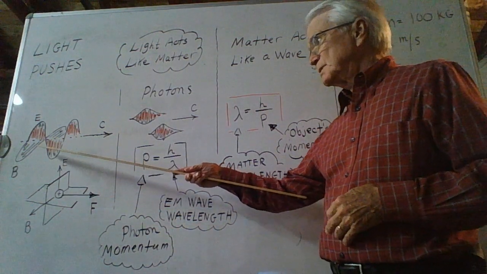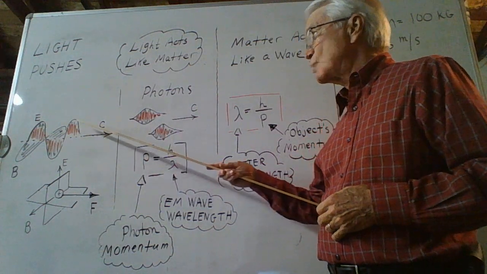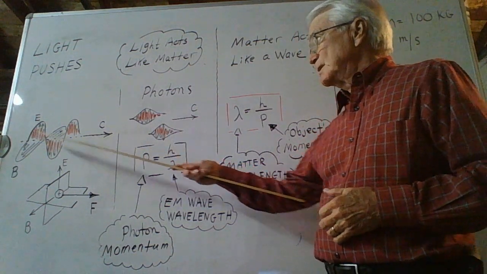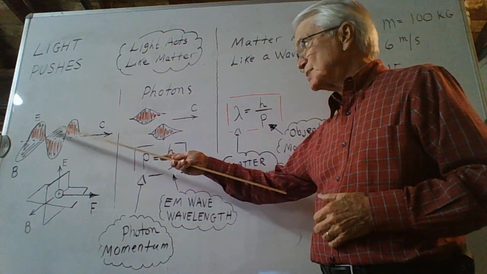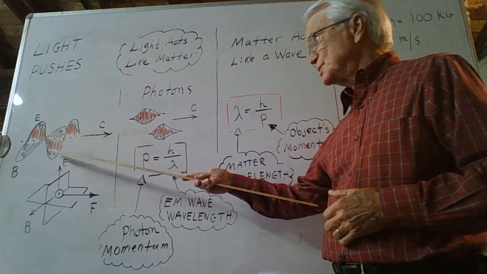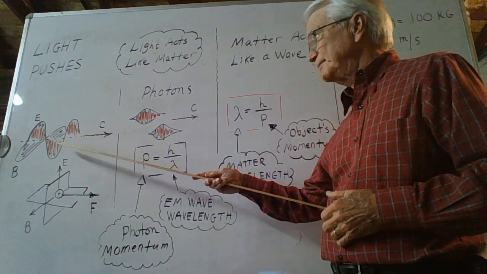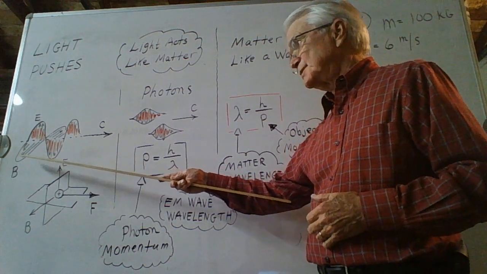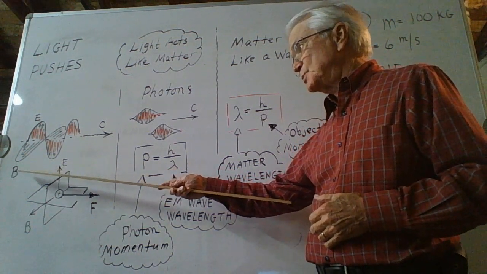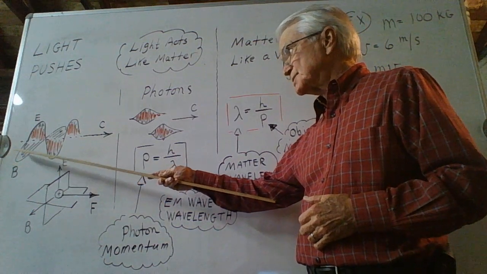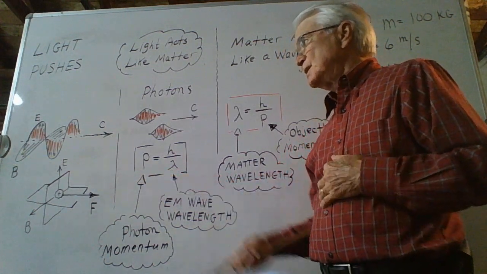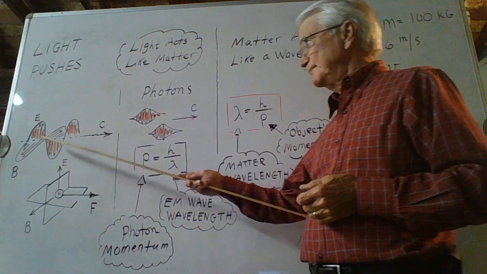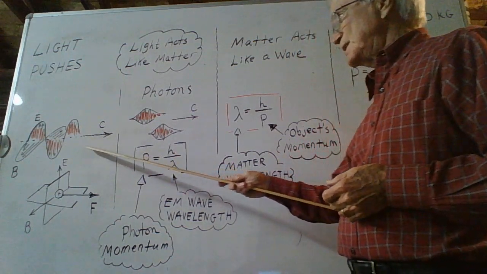I show a diagram of an electromagnetic wave. In the plane of the board, I show the electric field component of the electromagnetic wave. Perpendicular to the electric field, and therefore perpendicular to the plane of the whiteboard, are the B vectors, the B component of the electromagnetic field, which propagates at the speed of light, c.